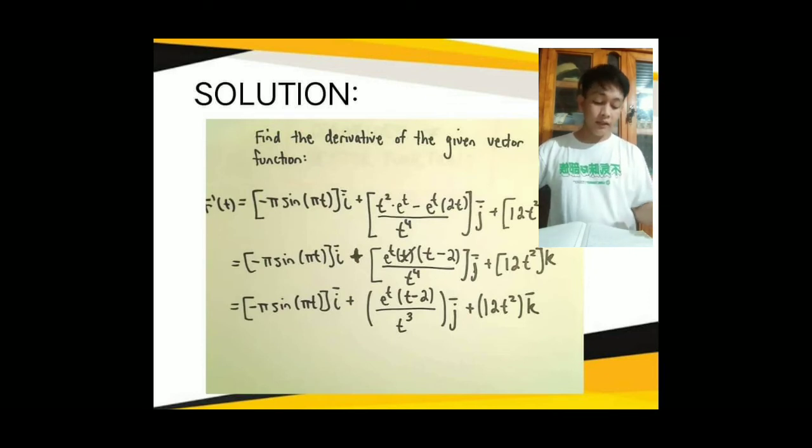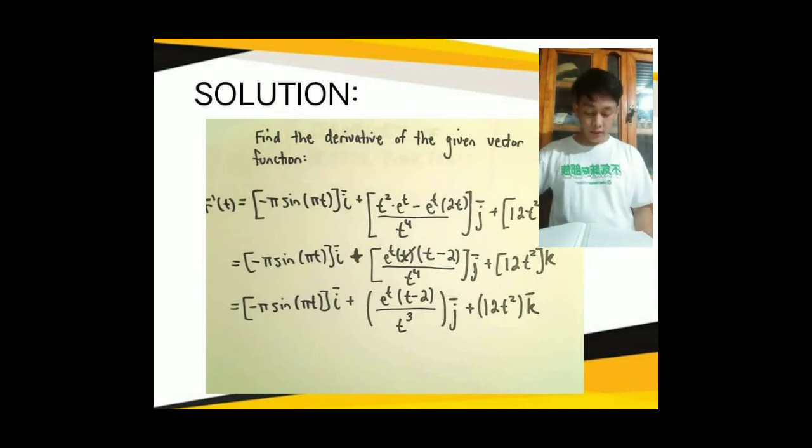It would be negative pi sine(pi t) i. For the second part, we use the quotient rule, so it would be t squared times e to the t minus e to the t times 2t, over t to the power of 4, j. And then we get the derivative of 4t cubed, which would be 12t squared k.